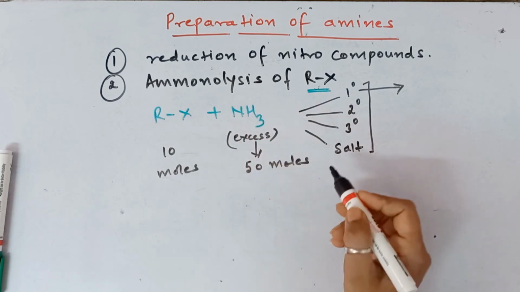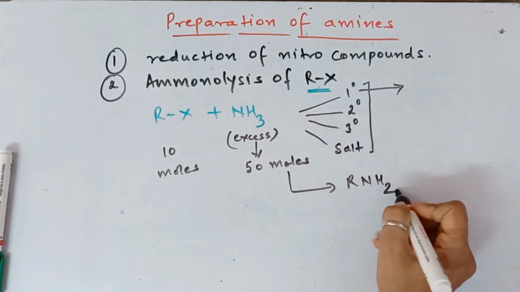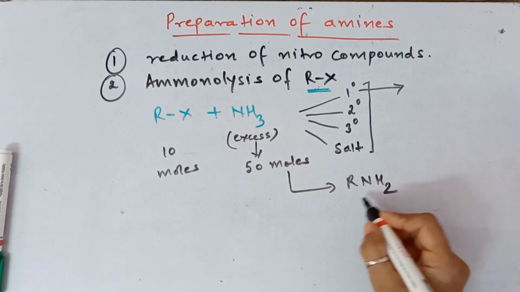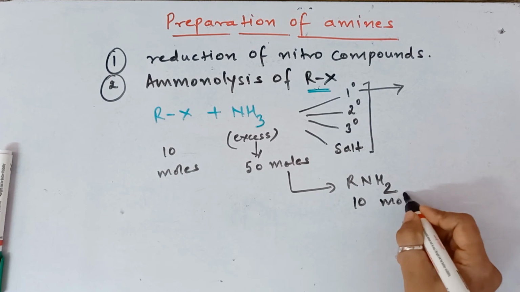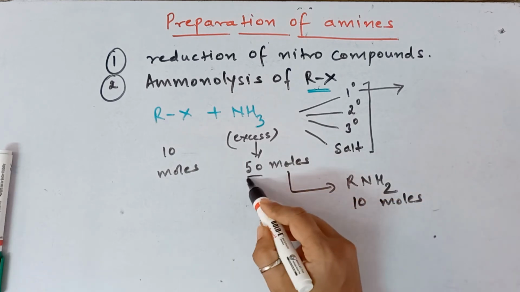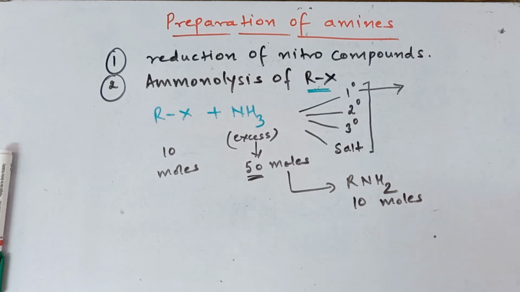So when RX and NH3 react, we are going to get RNH2, primary amine, 10 moles, and after that the reaction will almost stop because we still have 40 moles of ammonia left. So this is the first method.